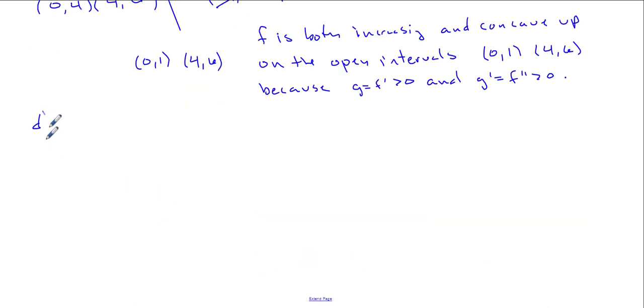Part D. Find the x-coordinate of each point of inflection of the graph of F. Well, for F to have a point of inflection, we need to look for the critical numbers for F double prime, right? What does F double prime equal? Equals G prime. Okay, that means we need to find the critical numbers of G prime.